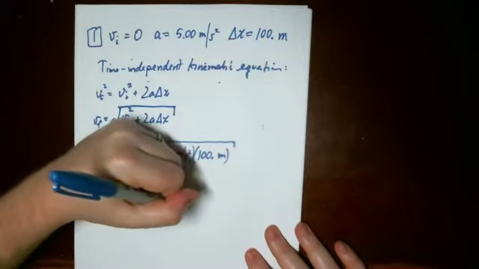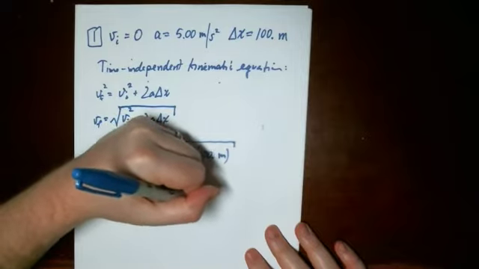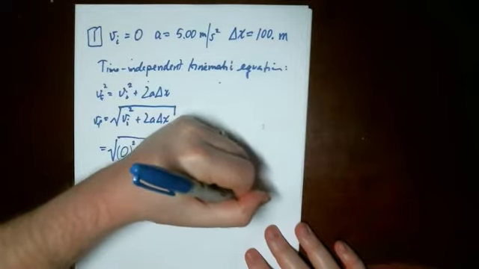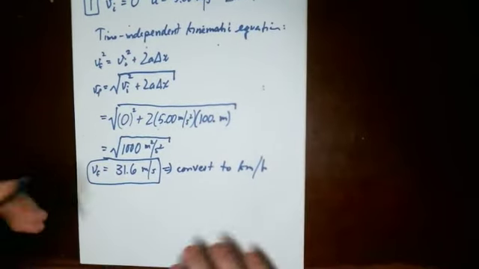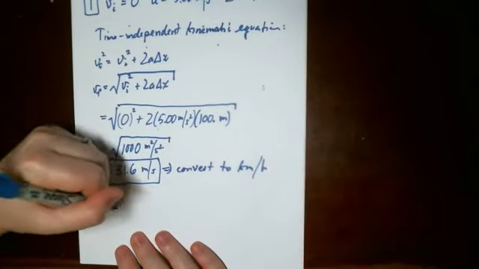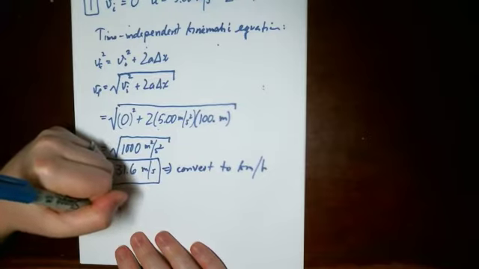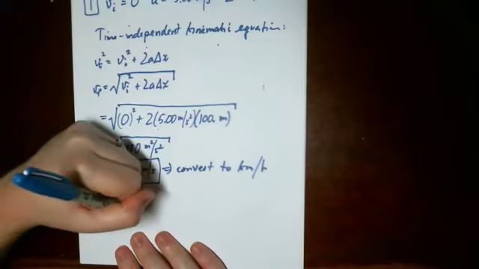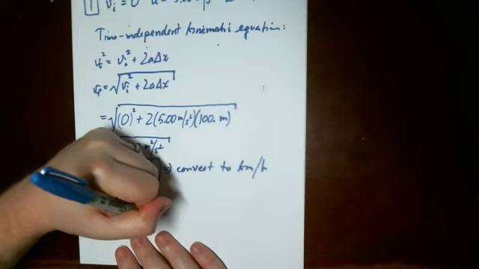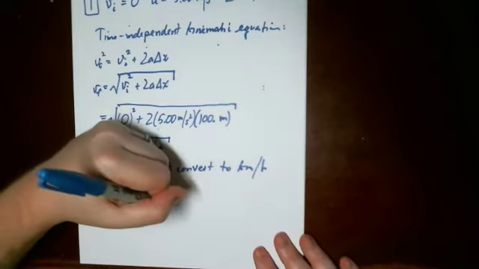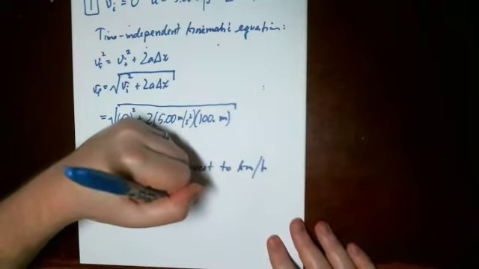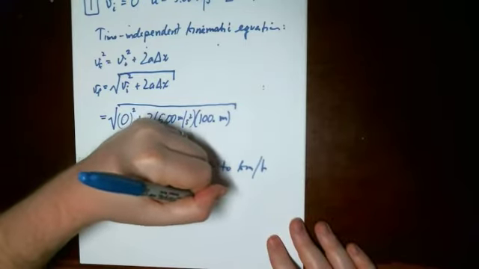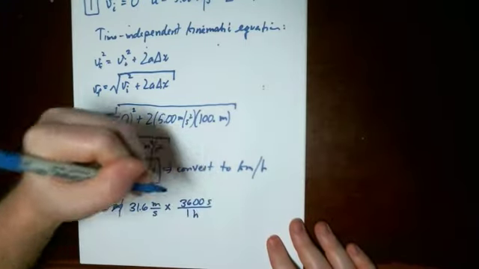We need to convert to kilometers per hour. And we can do that using dimensional analysis. So let's see, we have our 31.6 meters per second. Then we want to cancel the seconds and replace it with hours. So we know 3,600 seconds are in 1 hour.